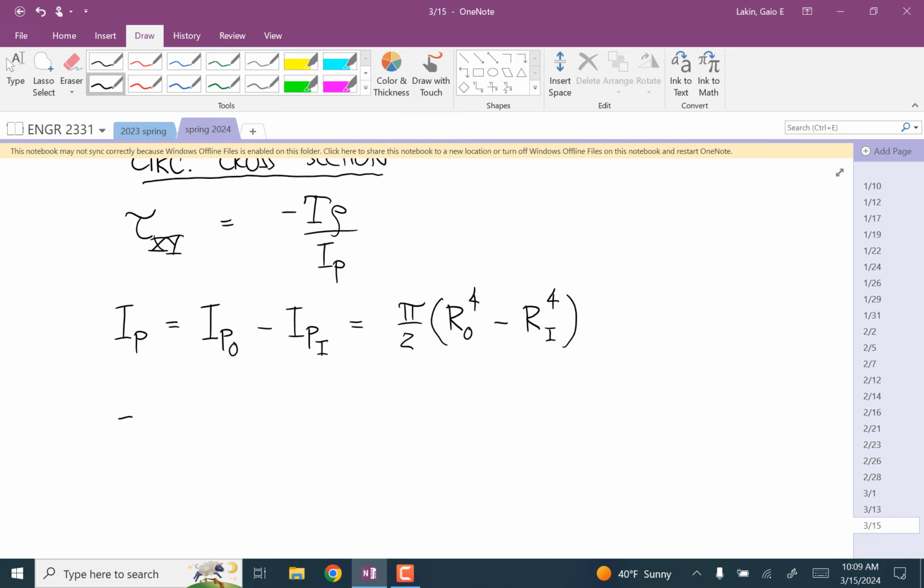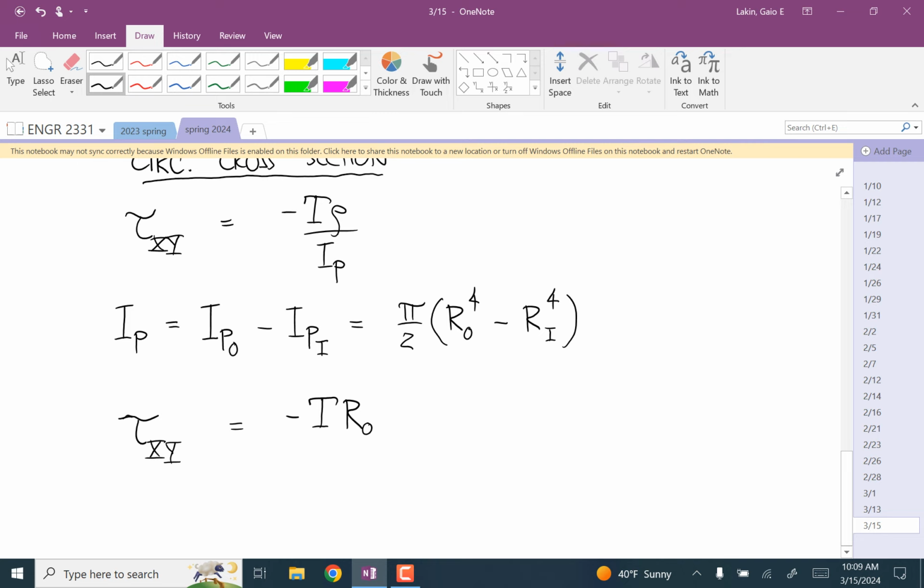Well, let's just write it as, okay, so we're going to get this shear stress tau xy is equal to negative torque. Let's do this calculation at the outer radius, and then it's divided by this thing.